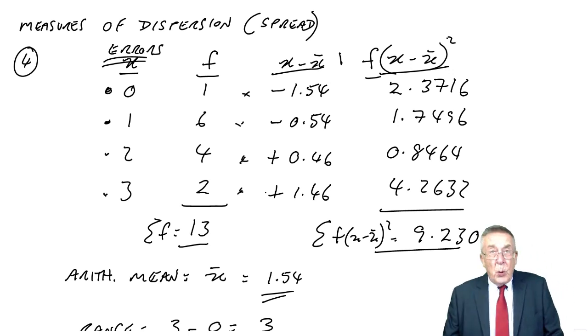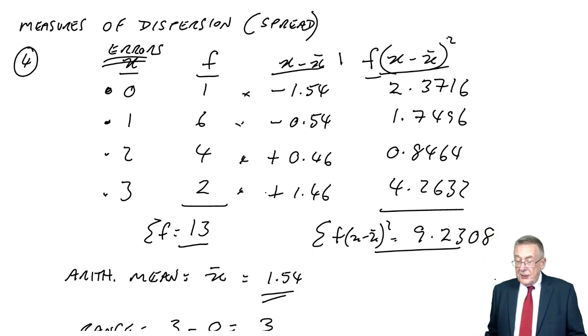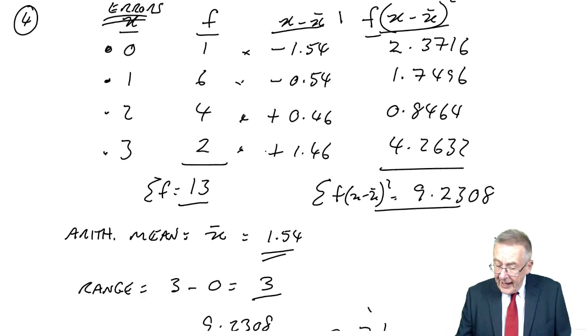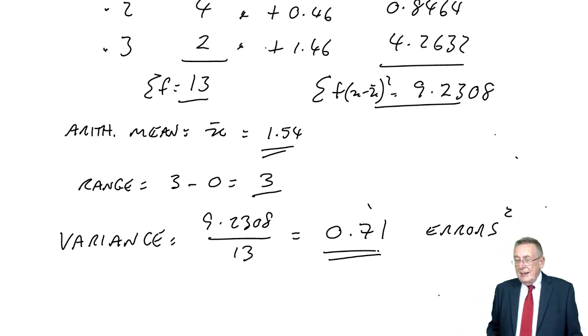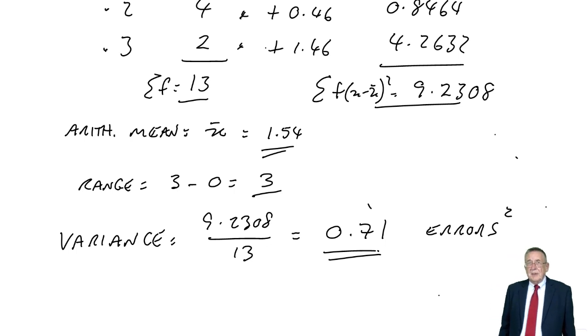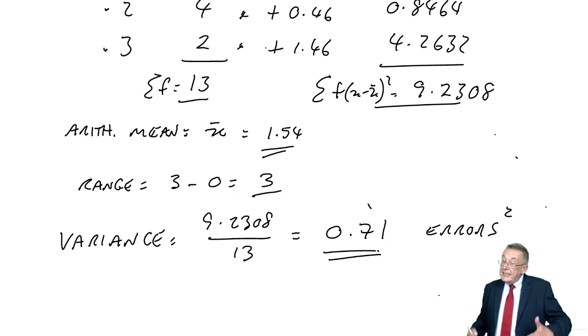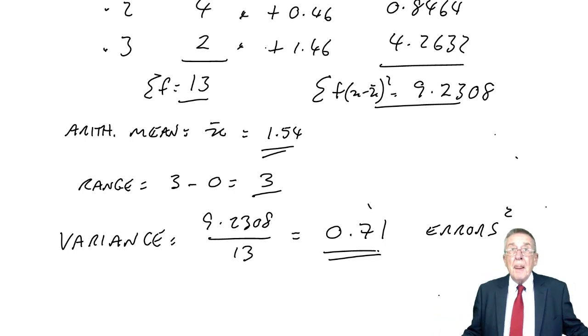But then we squared them all and took the average. And so the variance is 0.71. It's sort of errors squared, which is a bit odd. The observations were errors, and now we're talking about errors squared. Now, again, it is a measure of spread. The bigger the variance, the bigger the spread.